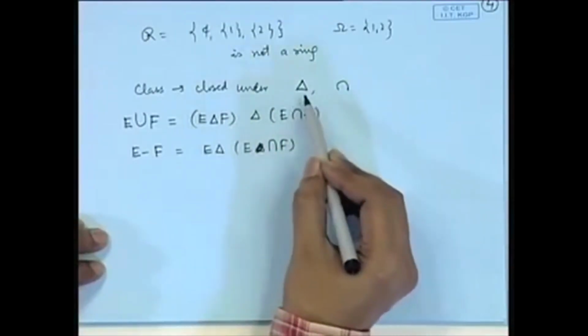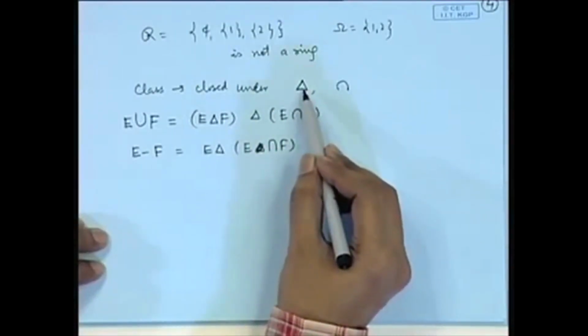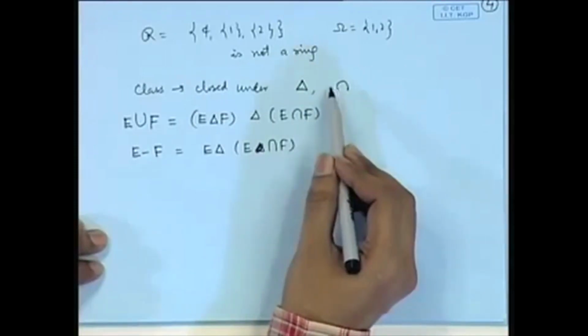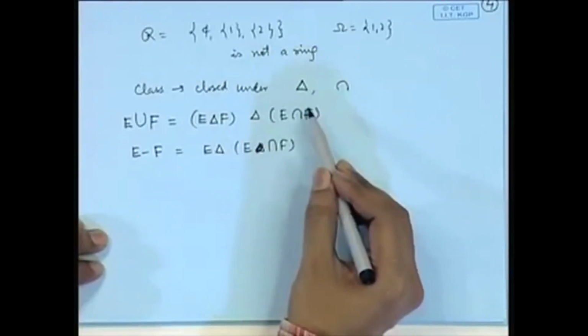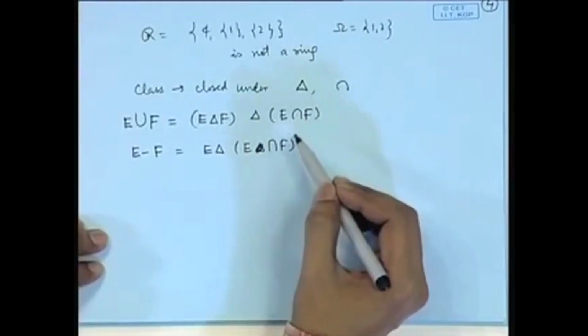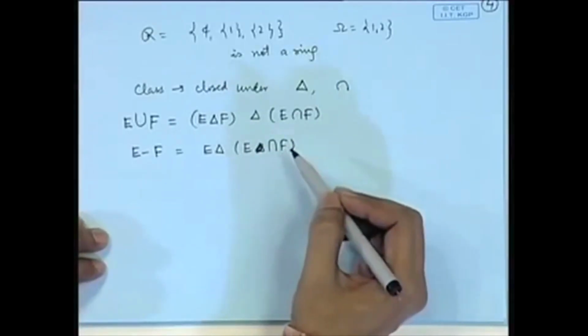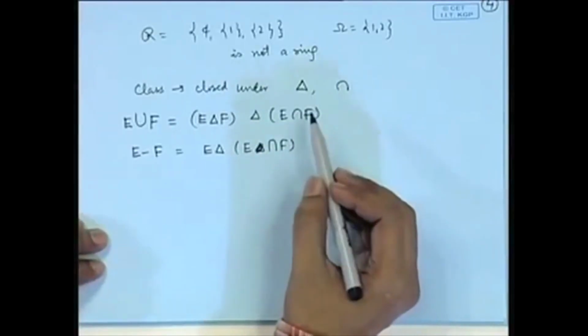On the other hand, if it is closed under the operation of symmetric differences and unions, then also we get a ring. Therefore, the definition of ring becomes symmetric in unions and intersections if we replace difference by symmetric difference.